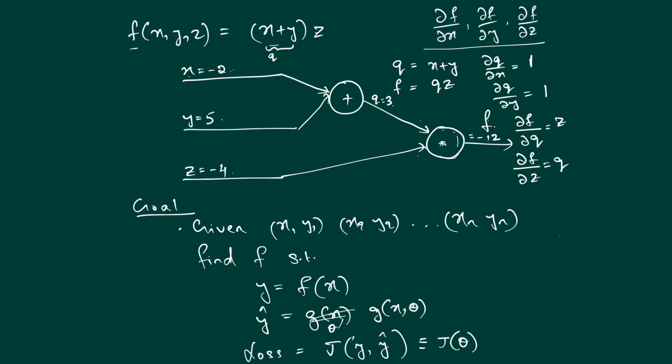So what the chain rule would simply state is that del f by del x, which is the distant variable, is equal to del f by del q into del q by del x, right?